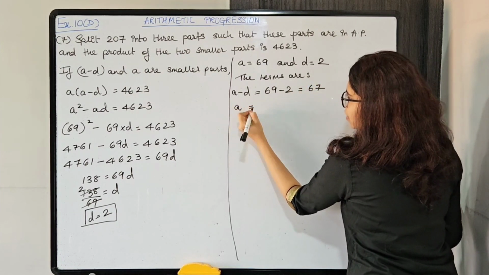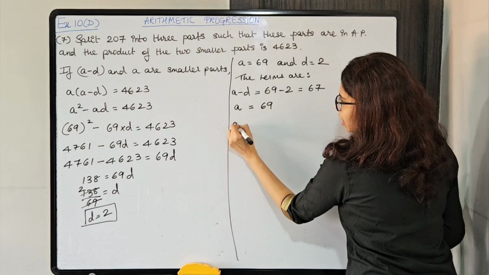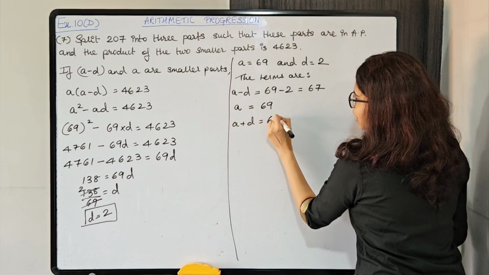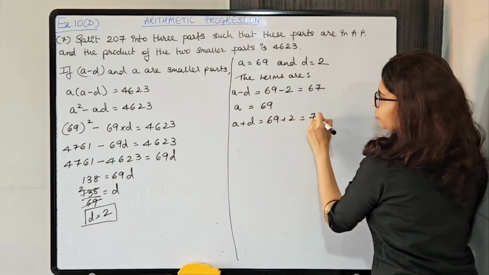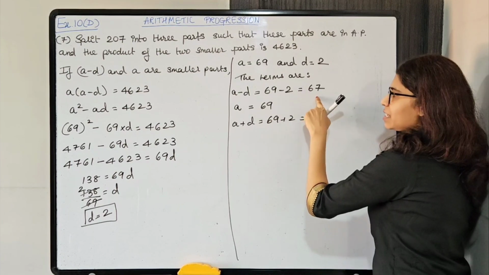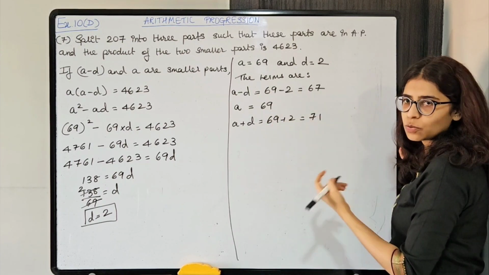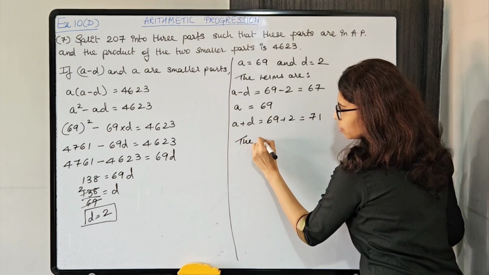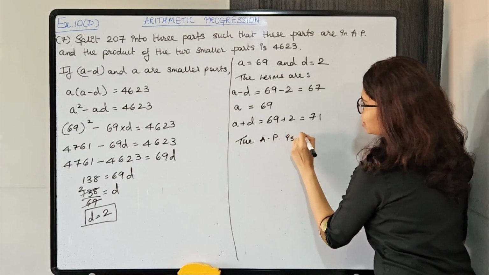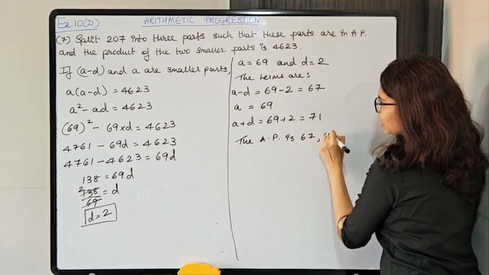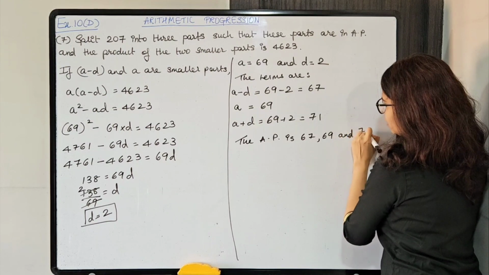A, that is 69. A plus D is 69 plus 2, that is 71. So the three terms are 67, 69 and 71. Okay. So the AP is 67, 69 and 71.